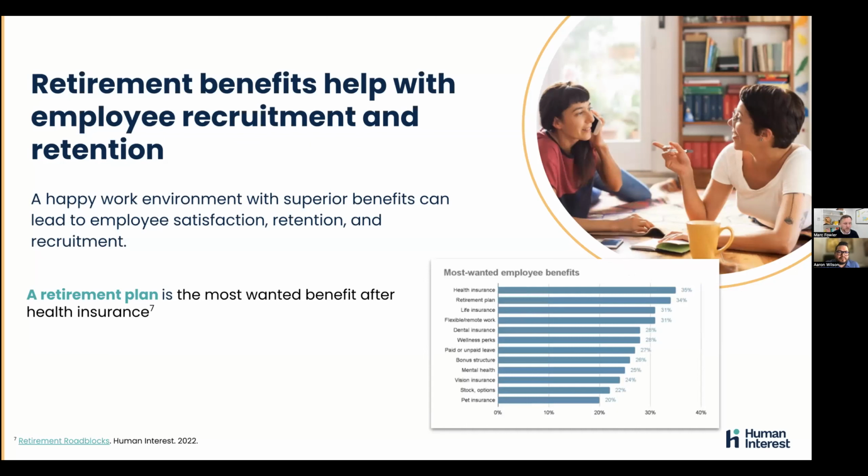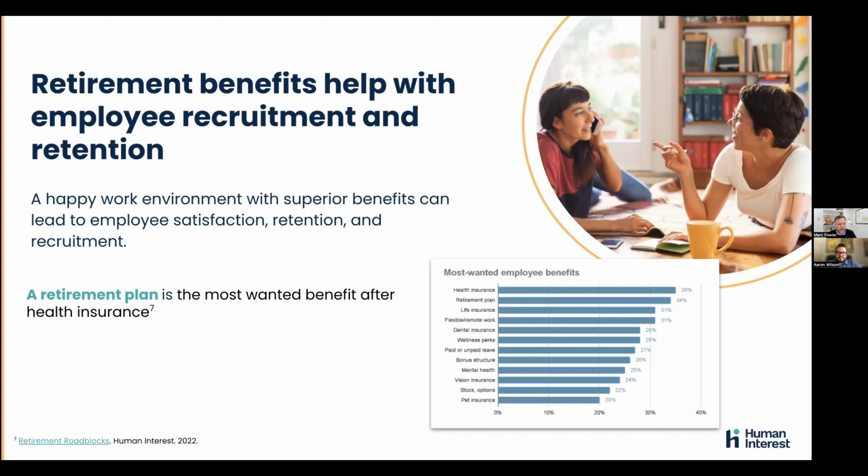Health insurance in the US is obviously key. People are looking for that. It's very hard to take care of yourself if you don't have that kind of backup. But the very next, and you can see how close it is there on the chart, is a retirement plan. That is the second benefit that everybody asks for.